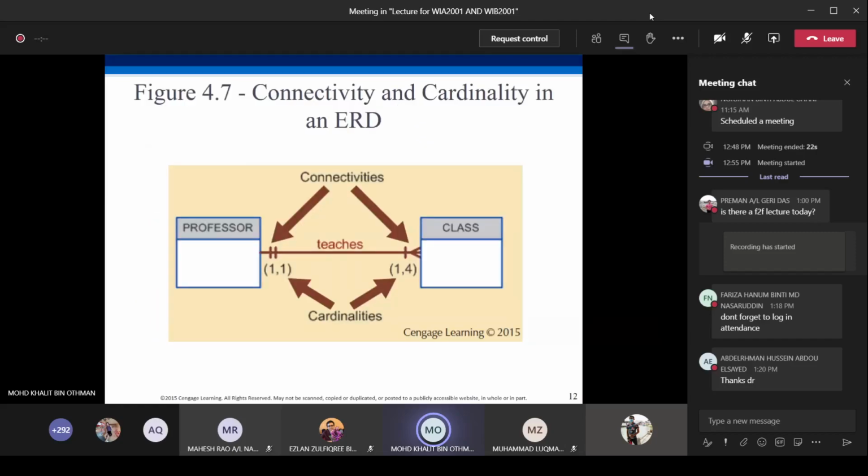Figure 4.7 is an example of connectivity, cardinality, and participants in a relationship.